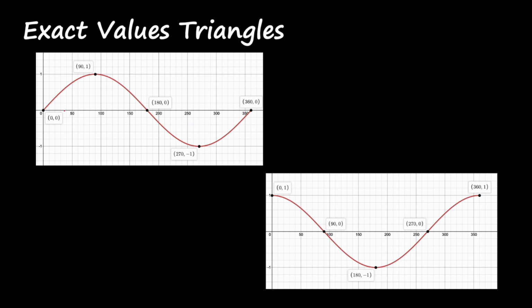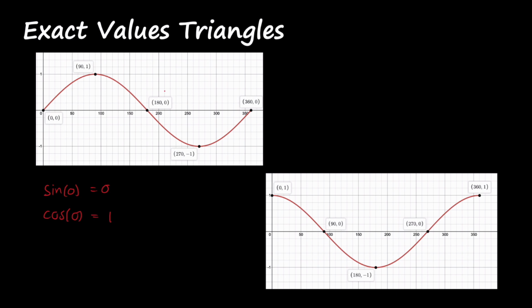Basically, you know that for a sine graph, it starts at 0, it's also 0 at 180, and it's 0 at 360. So if I said to you what sine of 0 is, you know it's 0. But for cos, cos of 0 is equal to 1, because we know it starts at 1. And all along here, there's different values for each point. The best way to know this is just know the graph.